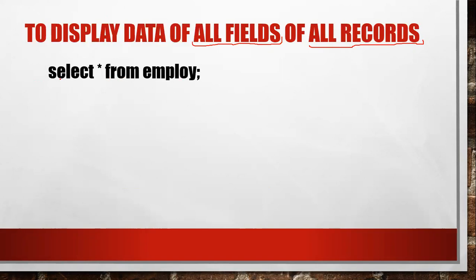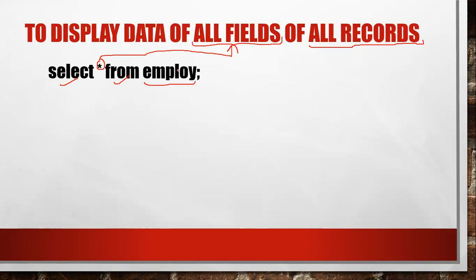As you see in the syntax, you have to write select, you have to write from, and if you put star here, star means you are going to view the details of all fields, and this is the name of the table. So we have to specify display star, meaning all fields, from the table employee.